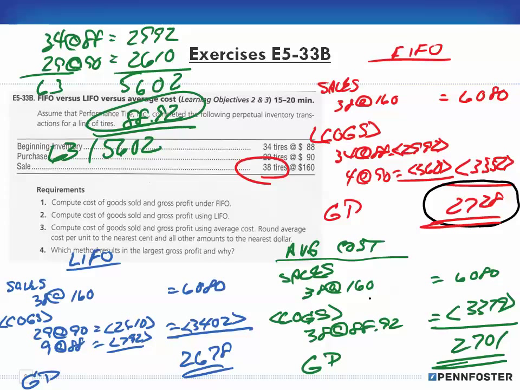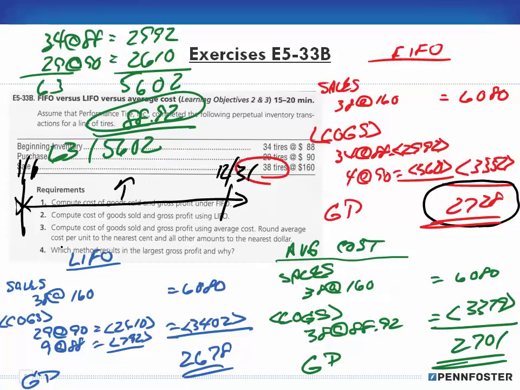And the reason for it is, remember, you think about it in a timeline. Let's call this 1/1, and let's call this 12/31. When you buy something over time, the prices have a tendency to increase.